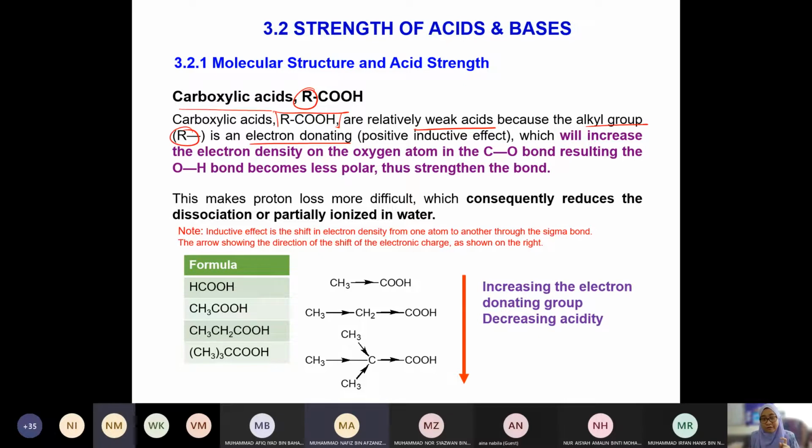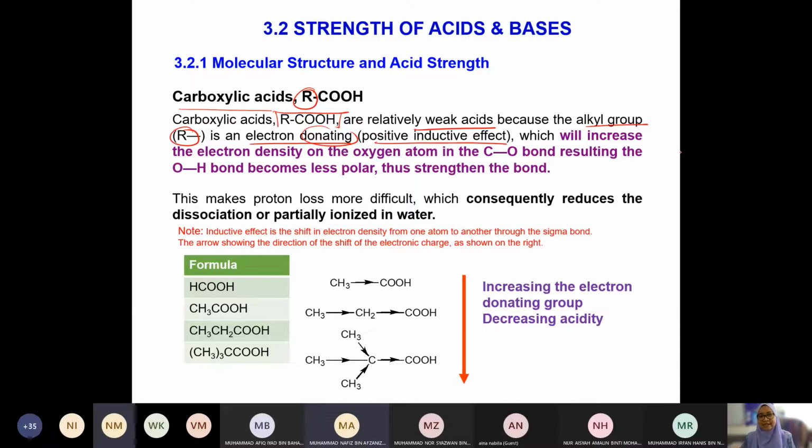But carboxylic acid, on the other hand, or the opposite of that, instead of pulling, it pushes. Okay, it donates its electron density towards the bond. So this is what we call the positive inductive effect, because it is donating the electron density.